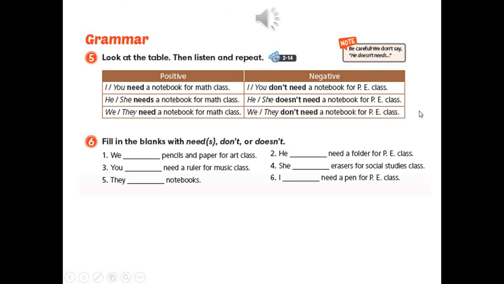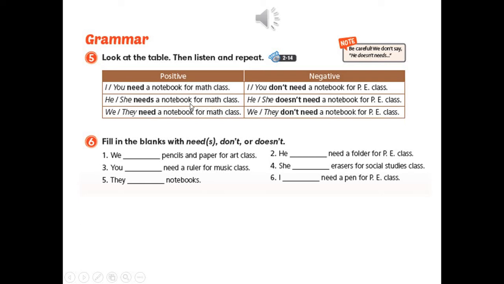Track 2-14. I need a notebook for math class. You need a notebook for math class. I don't need a notebook for PE class. You don't need a notebook for PE class. He needs a notebook for math class.